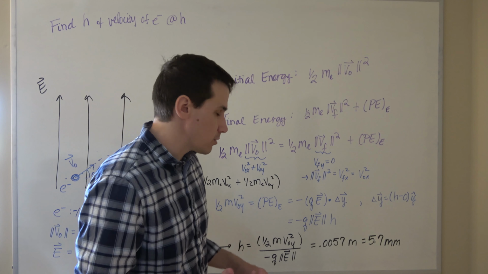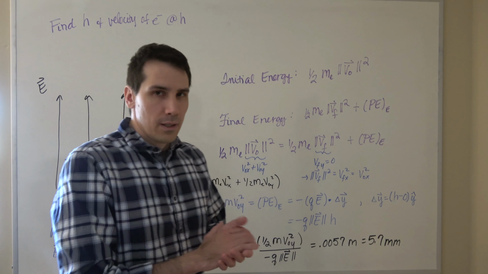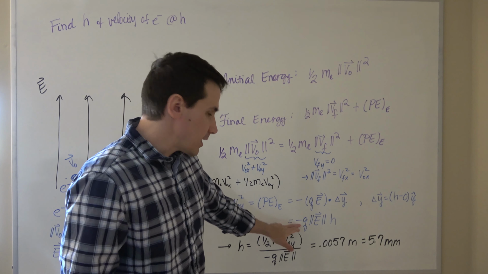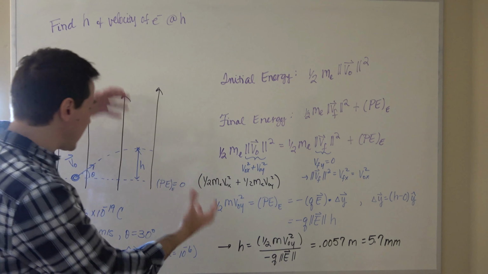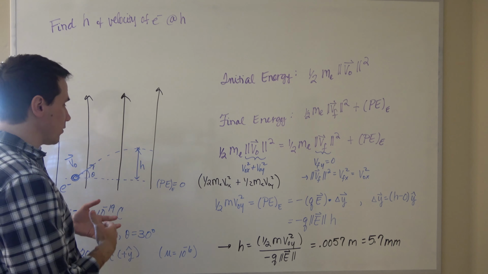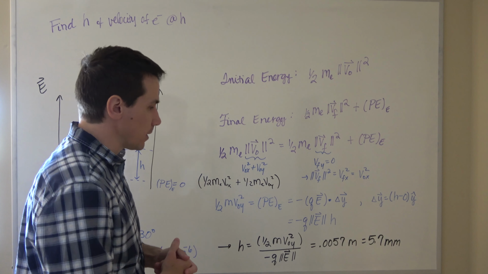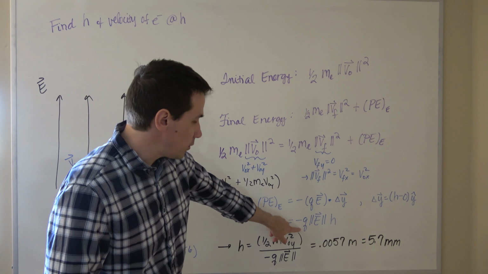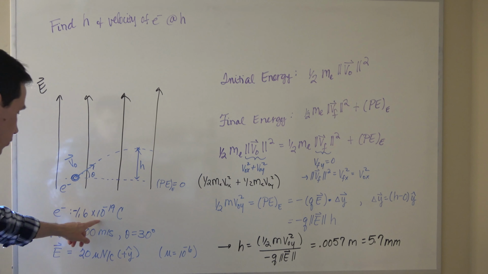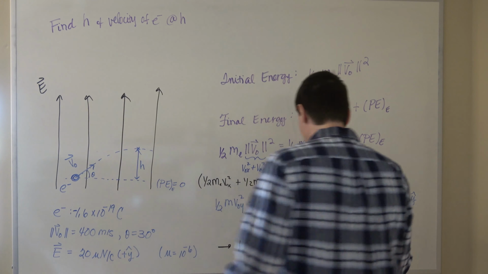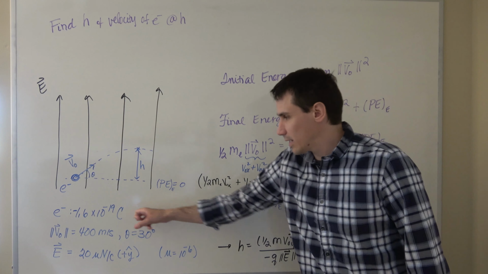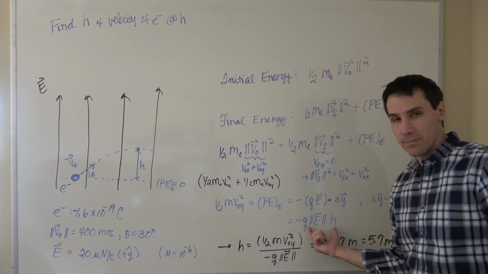Now, you're probably thinking, why is my change in potential energy negative? I thought that I was moving against the electric force, and therefore I should be gaining potential energy. Well, the q here is our electron charge, which is also negative. So we have a negative out front and a negative charge, which makes this whole term positive.